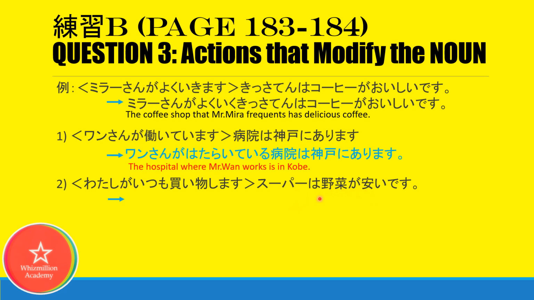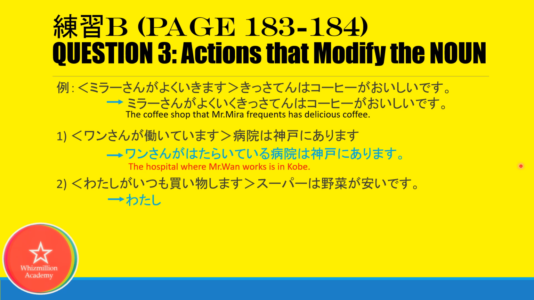Okay, once again, the noun that we are trying to describe here is supermarket, super. Super wa yasai ga yasui desu. We know that this supermarket has cheap vegetables. Alright, this is the first attribute. It's already modified once. And then we combine this first sentence and second sentence.